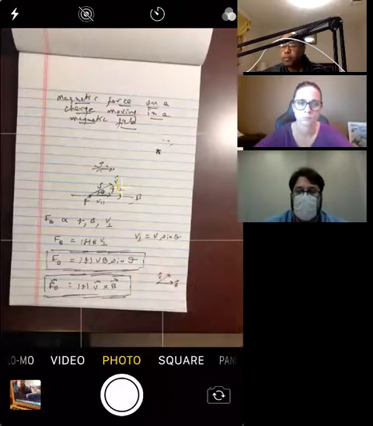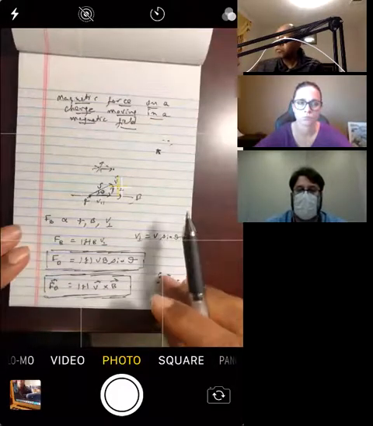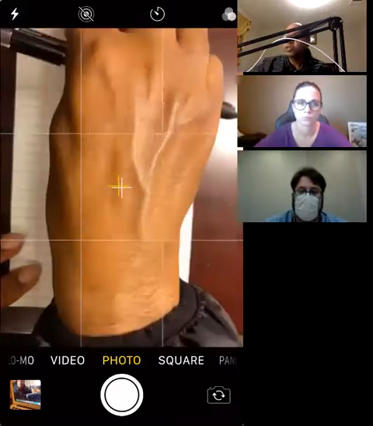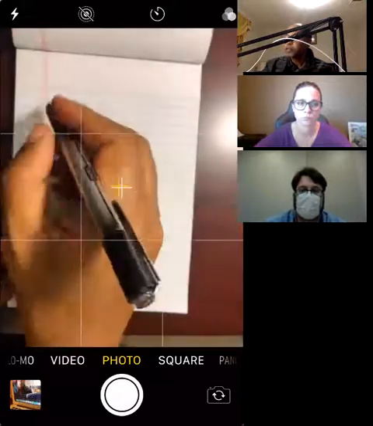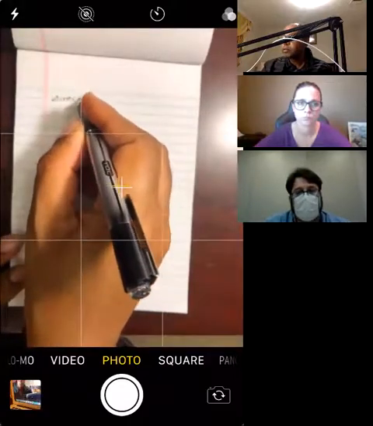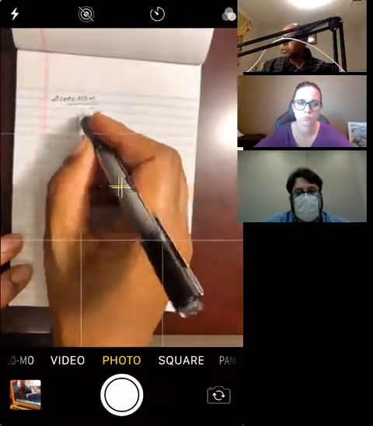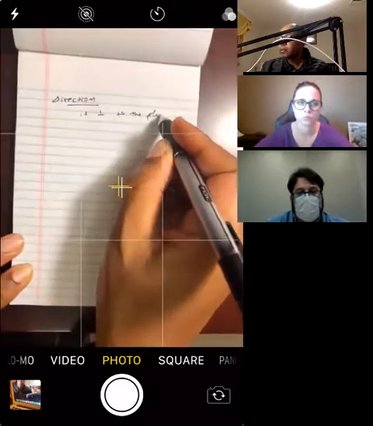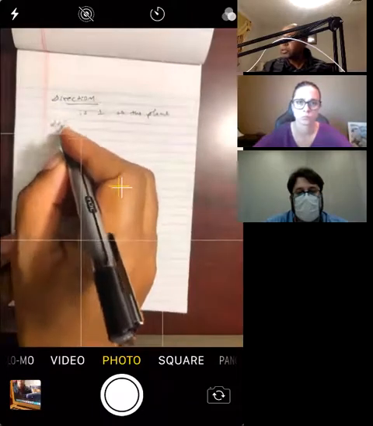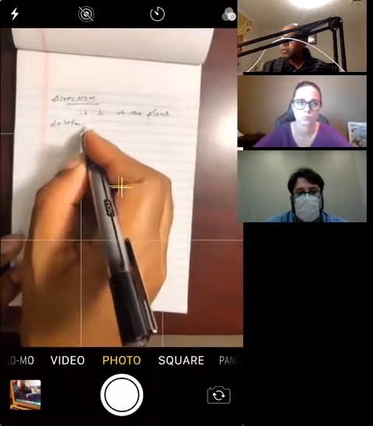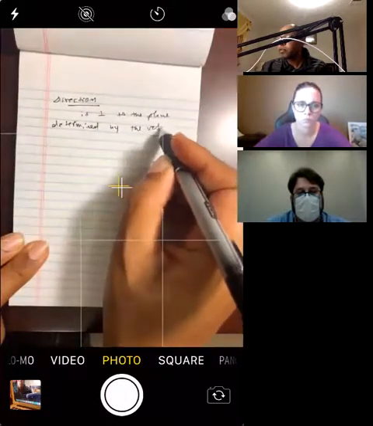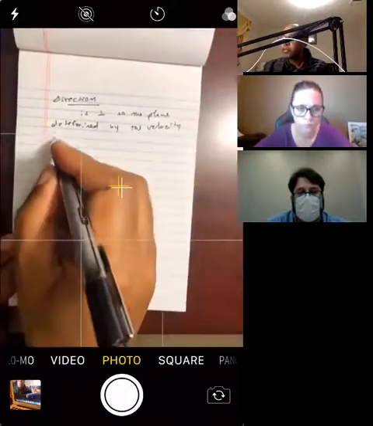It's going to be either perpendicular out or perpendicular in. So the direction of the force is always perpendicular to the plane determined by the velocity and field vectors.